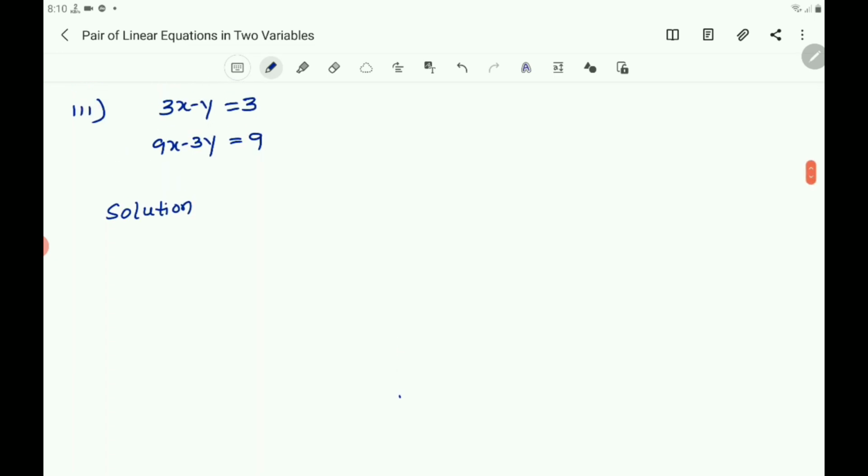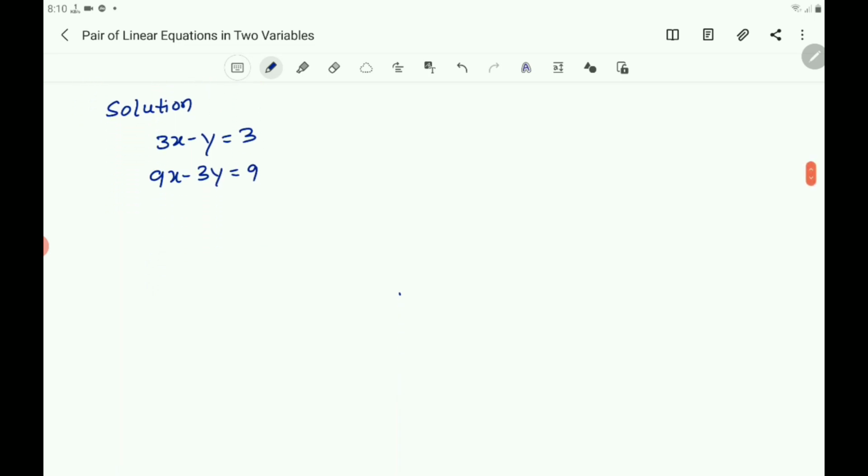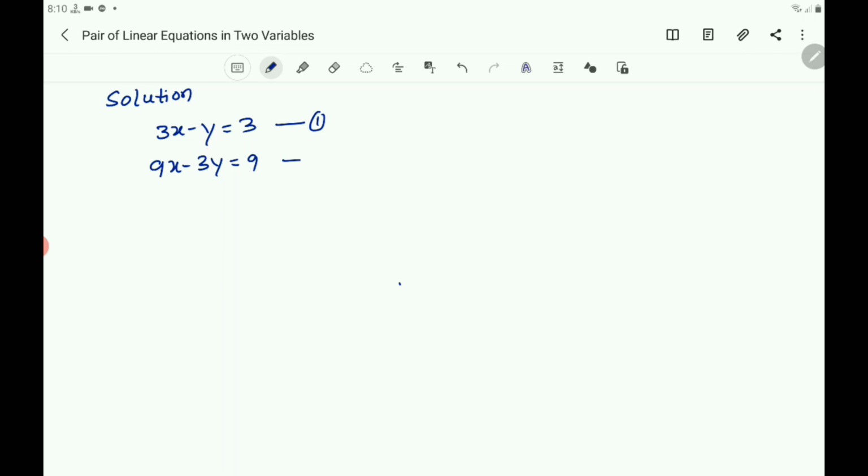The equations are 3x minus y equals 3, 9x minus 3y equals 9. Then the given pair of linear equations are, here you have taken 1 and 2: 3x minus y equals 3, 9x minus 3y equals 9.